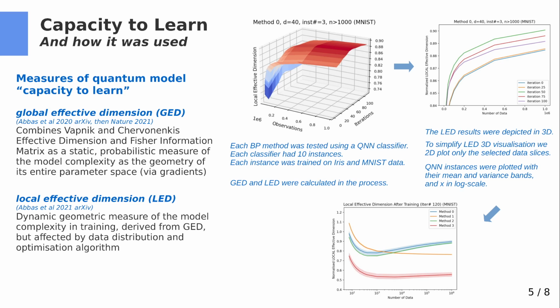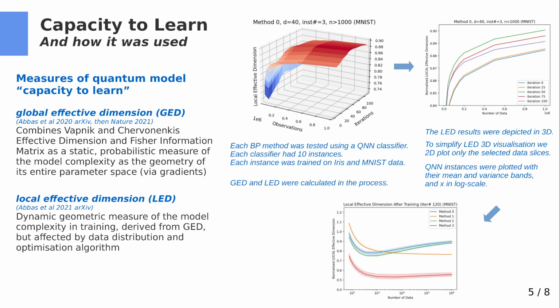So in our experimental work, each of the barren plateau methods was tested using a quantum neural network classifier. Each classifier had 10 instances, so we have some realistic statistics.